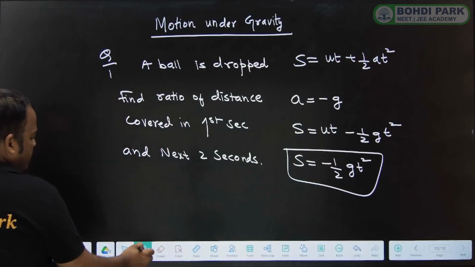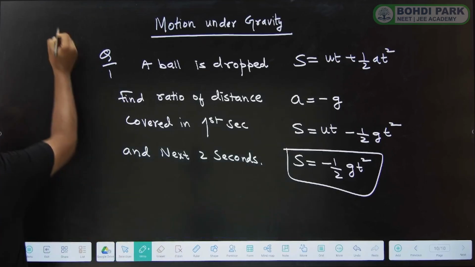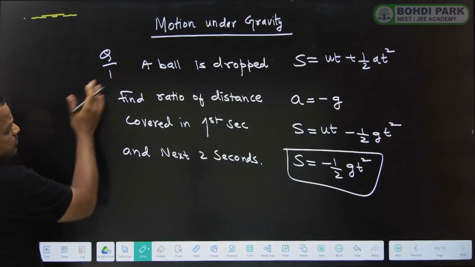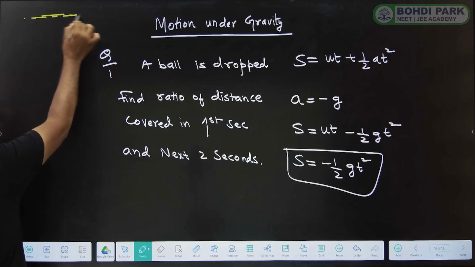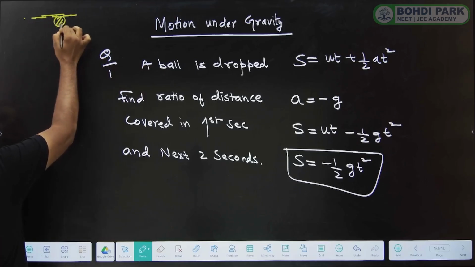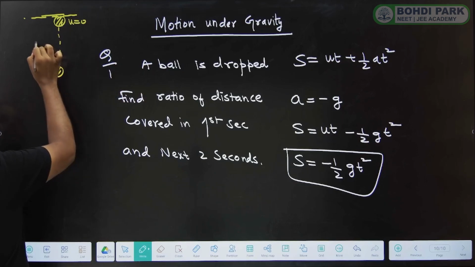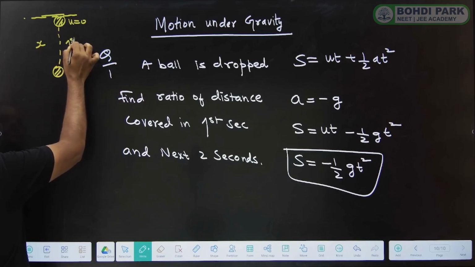So let's draw a diagram. Suppose the ball or the stone is dropped from this level. So the initial velocity will be 0 and it is covering a distance x in the first second.